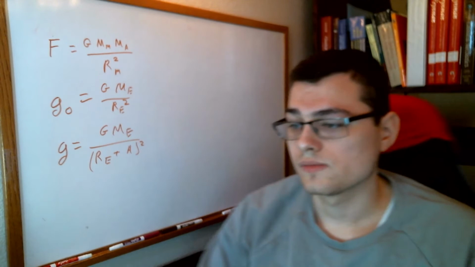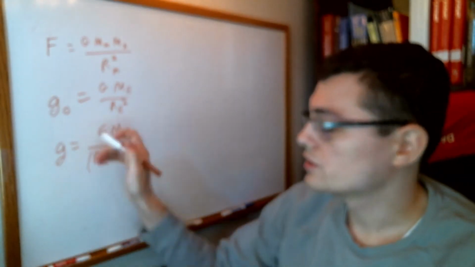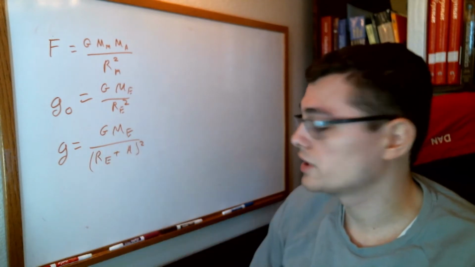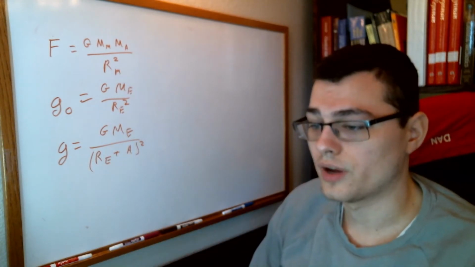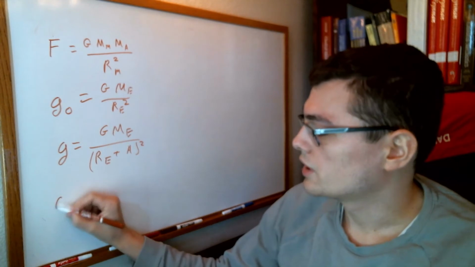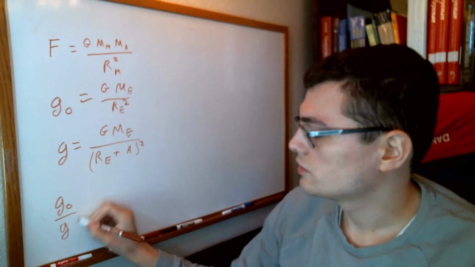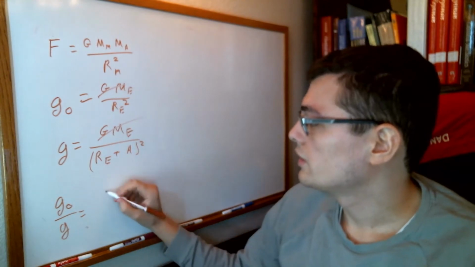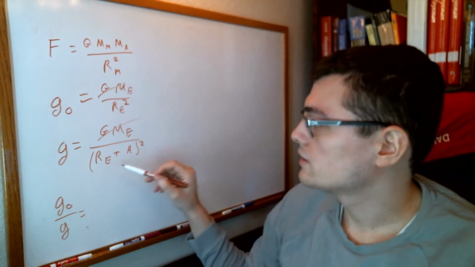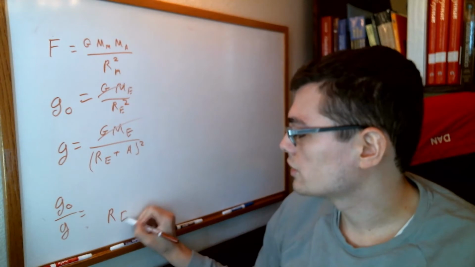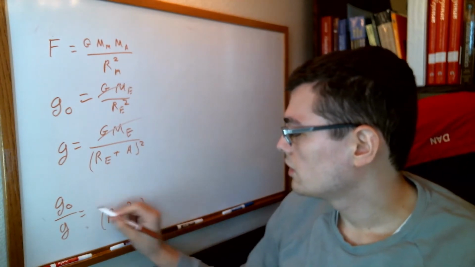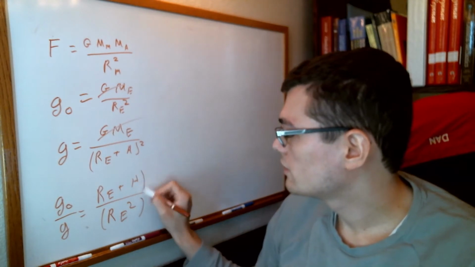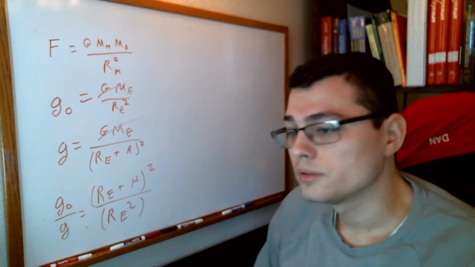And so what we do is we take these two equations and divide each equation by the other to get the value of h here. And so we get that g naught over g is going to be equal to, these get canceled out, and then we have 1 over R_E squared at the bottom, and you have R_E plus h squared here.